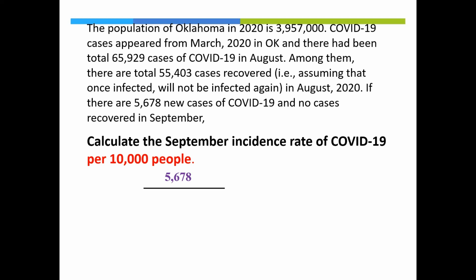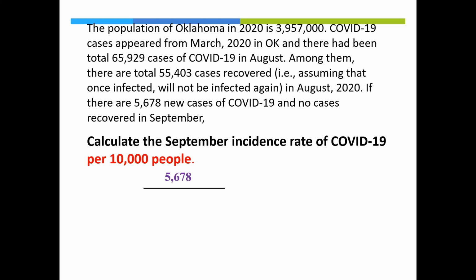And then we need to subtract one number. 65 or 55? 65, right? Why 65? Those were the pre-existing. Pre-existing means we already had the disease. 65 already had the disease, almost 55 actually recovered.